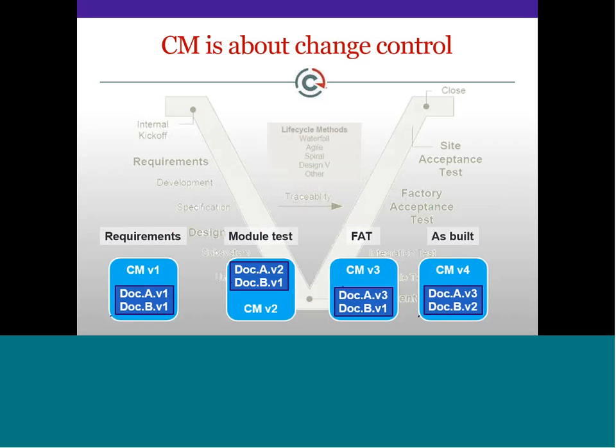We discussed how at various points of time in that model there would be configuration items associated, and considering the snapshot of those items is part of what the management of those items is. So say in the requirement, you have a couple of deliverables, a couple of documents that you're trying to manage.